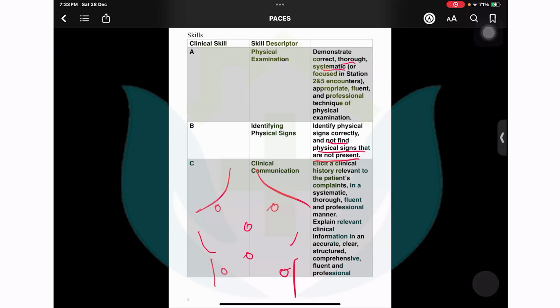And of course, clinical examination, getting a good clinical history relevant to patient complaints, staying focused to the point, and then explaining relevant clinical information in a fluent and professional manner. Like in diarrhea, you tell them that it is very important to ask about the patient's medicine history, because your diarrhea might be related to the medicines that you are taking.